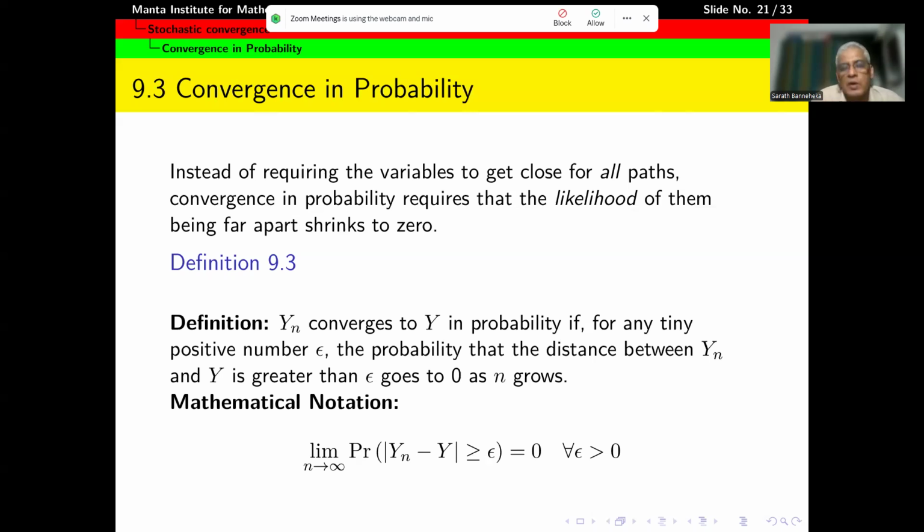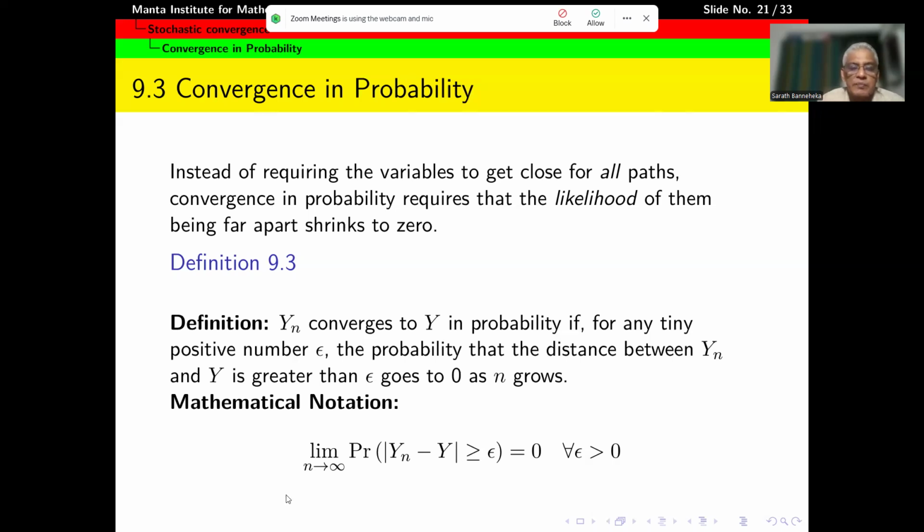Let's call that P1. We can consider the probability that |Y2 minus Y| is greater than or equal to epsilon, and call that P2. Like that, we can calculate P1, P2, P3, and so on, with different n. P1 will be the probability that the absolute difference between Y1 and Y becomes greater than or equal to epsilon. Remember, in this case, Y_n and Y are all defined on the same sample space.